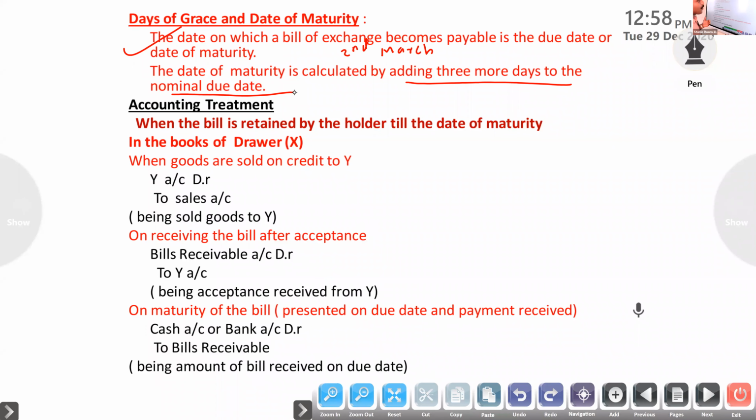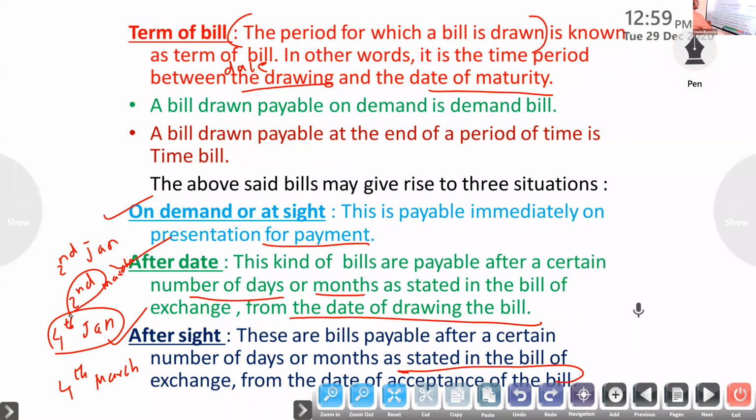So 3 more extra days are given to the acceptor for making the payment of the bill. Whenever we calculate the maturity date, we can't write 2nd March; 2 plus 3, 5th March is the maturity date.